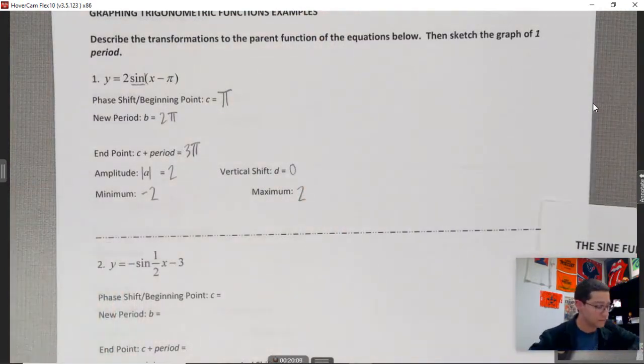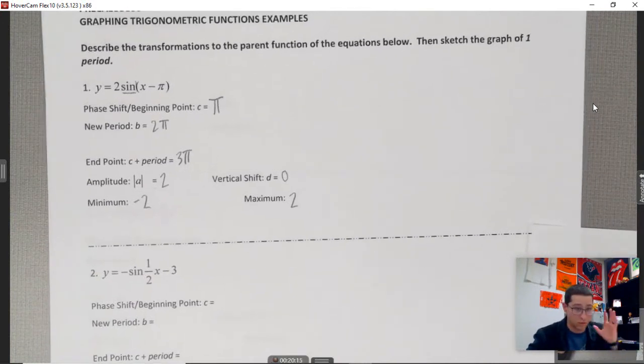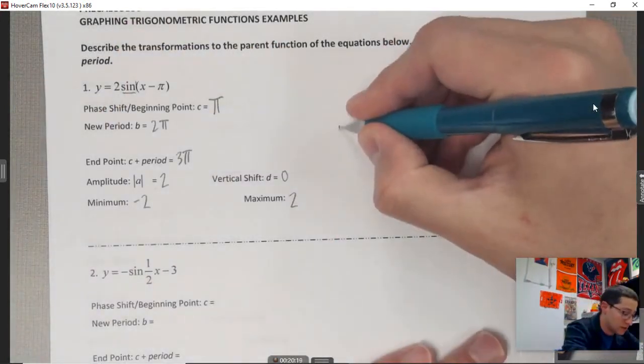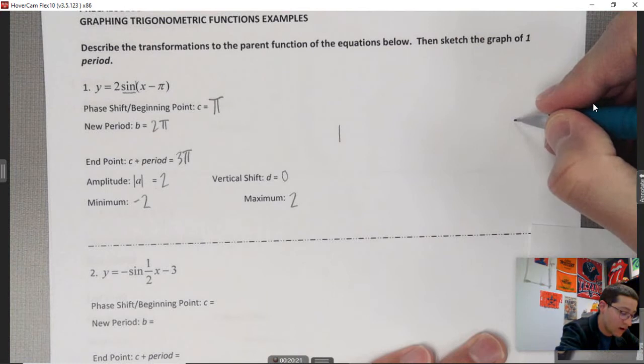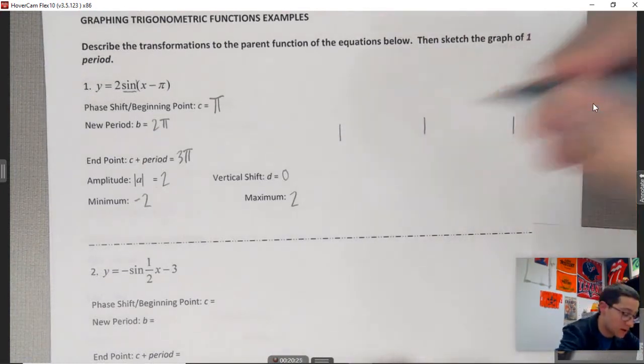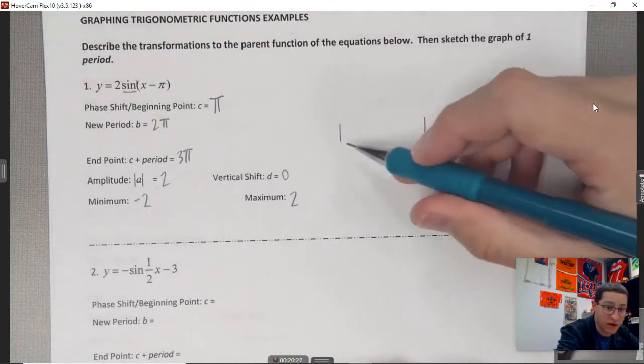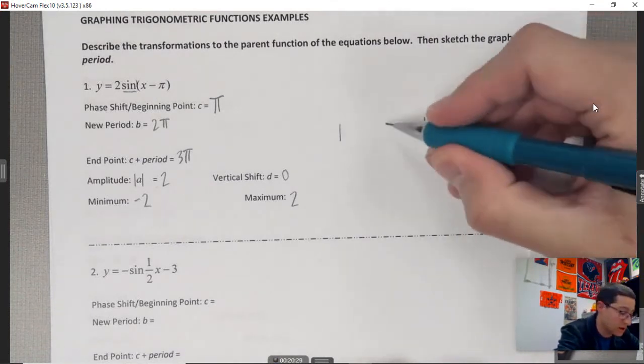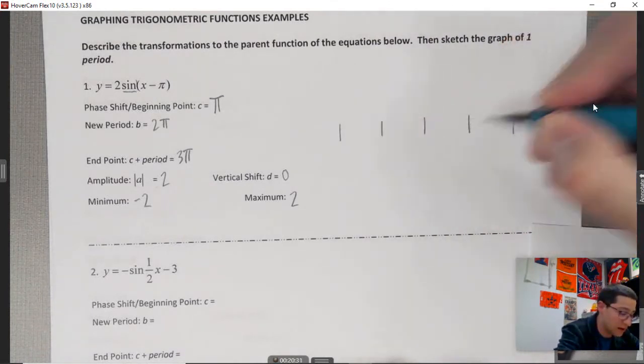Now, here's how I do this every single time. This is exactly how I'm going to start it. When you have all these pieces, I'm going to put an end and a beginning, and then put something in the middle, and then that point and that point.